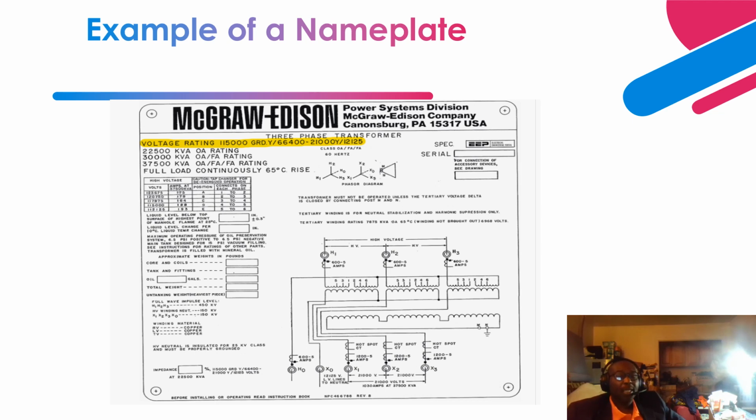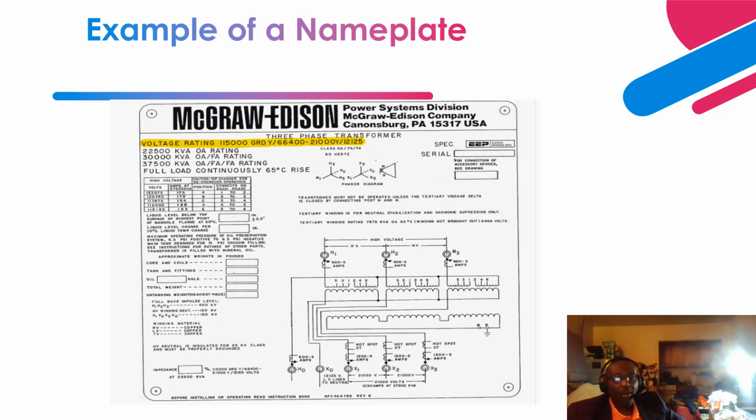Then it provides the voltage rating. This particular transformer has a 115 kV voltage rating for the high side, and that is the line-to-line voltage.